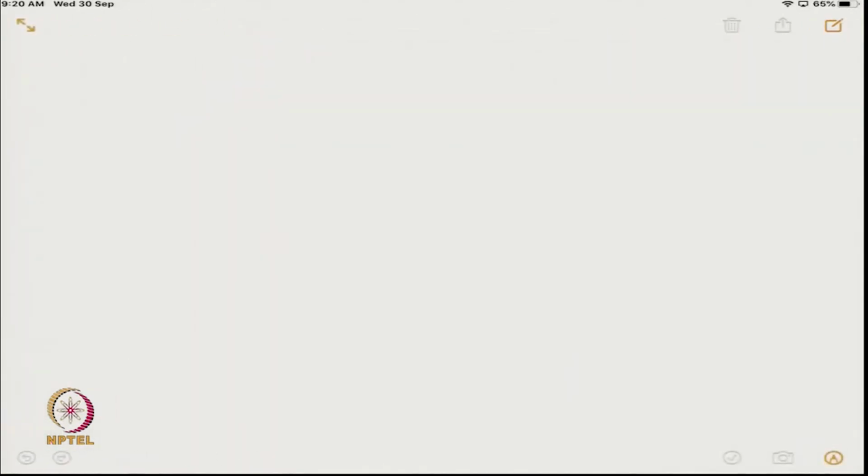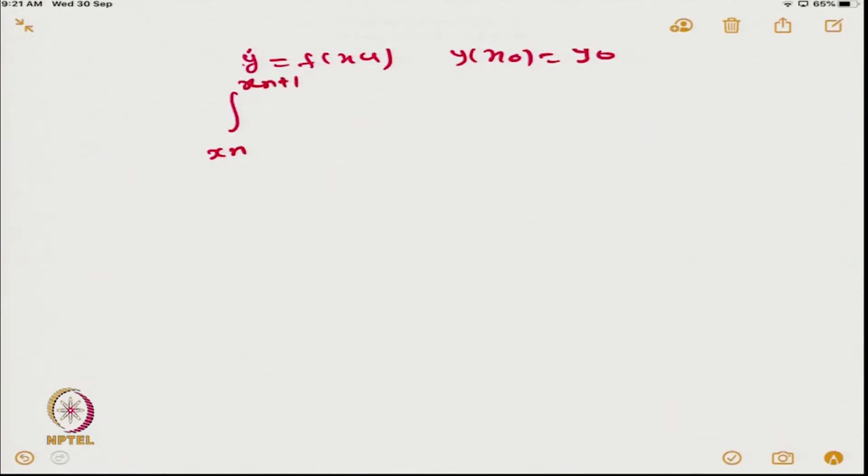Again I am writing the differential equation. Let me integrate it. This time I am integrating from xn plus 1 to xn plus 2.